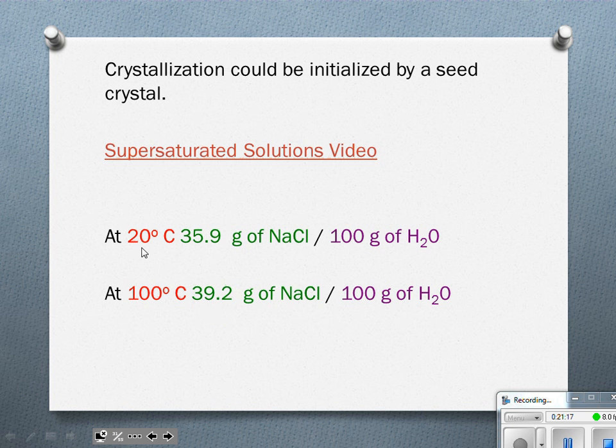Then I cool it to 20. That 39.2 will stay in solution. So actually, the difference of those two will be what I have more than should be allowed to be in there.